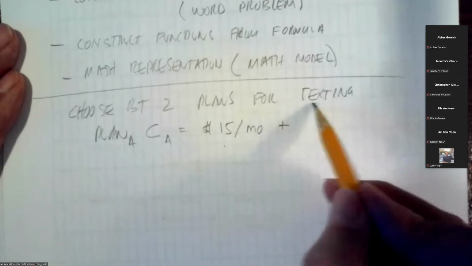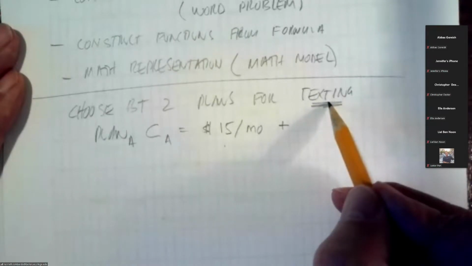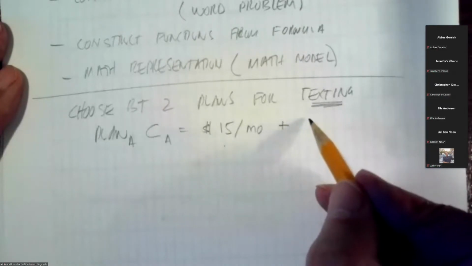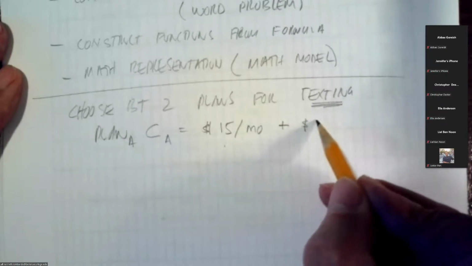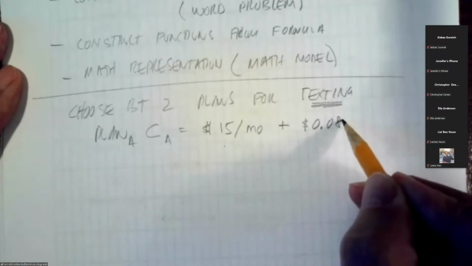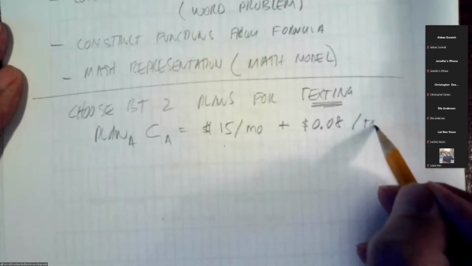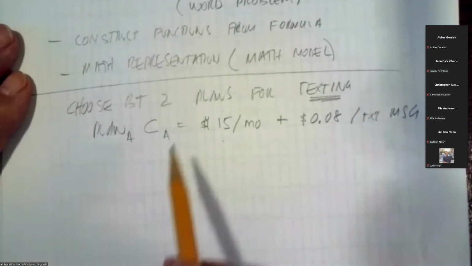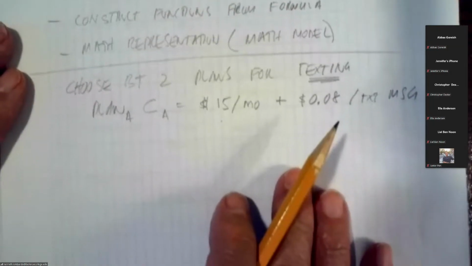Plus, you might be charged per text message, not per character, but just for the text message itself. Maybe it's 8 cents per text message. And so that's the first plan.